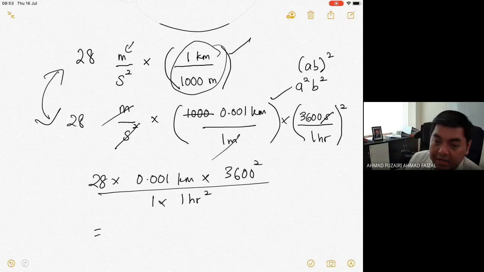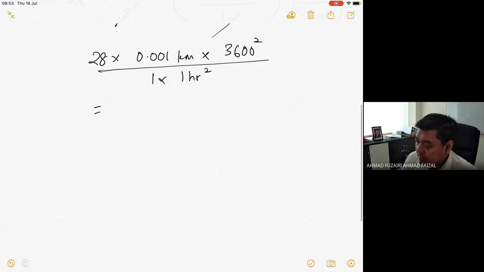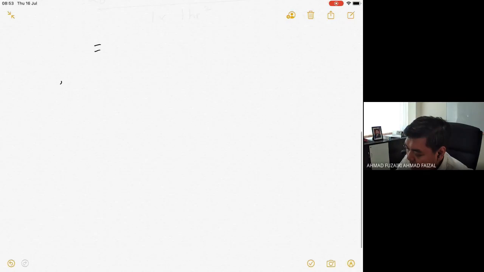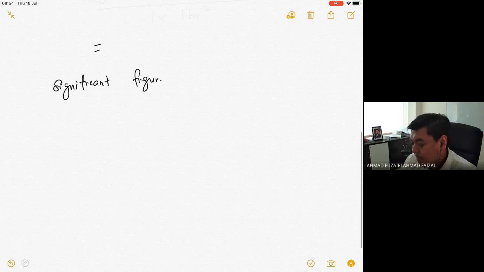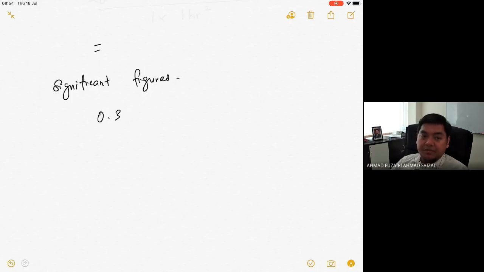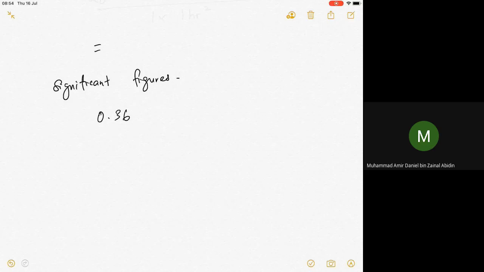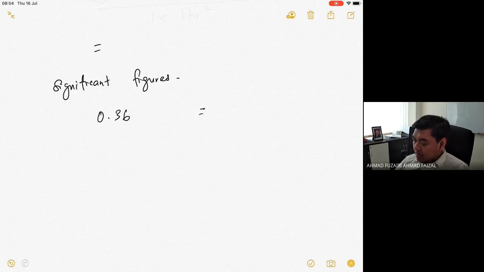And of course, I want to highlight significant figures. If you do have 0.36, how many significant figures? 2. Yes, this is 2 significant figures.